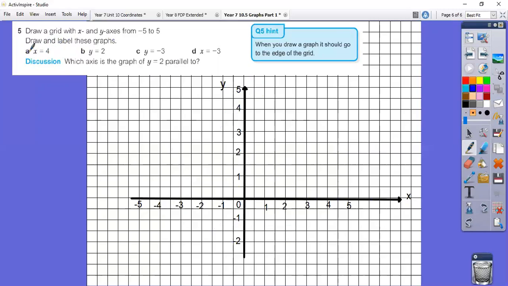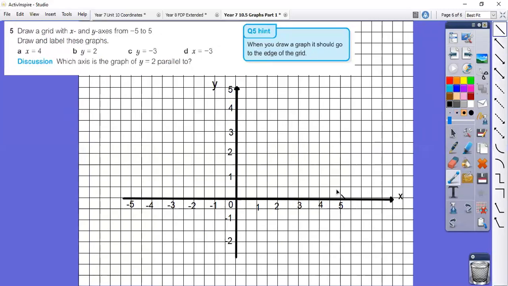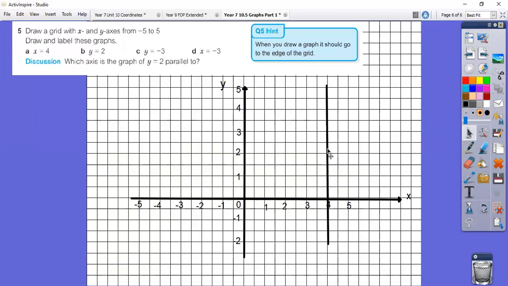If it's saying x equals 4, by now hopefully you should have figured out that it will look like this. It's a vertical line from here, and it runs all the way down, but it will always be where x is 4.